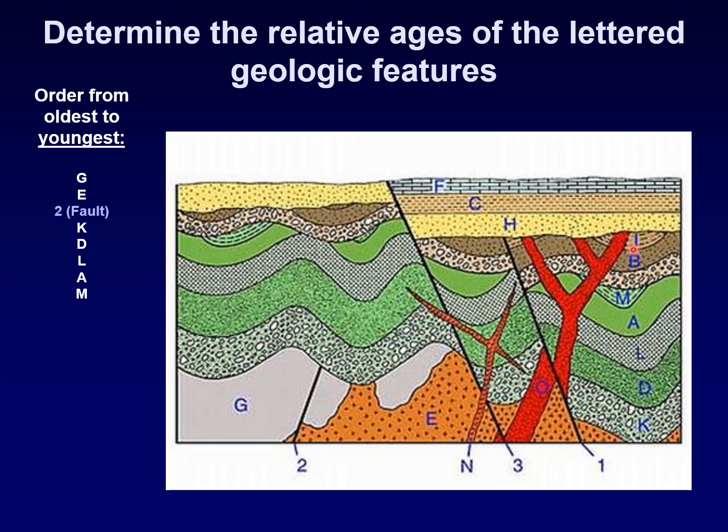But we do see that B and I, to some extent, follow that same fold pattern. So we're going to say that there was uplift and erosion next, between M here and this next layer up. Then that next layer, which doesn't have a letter for whatever reason, I'm just going to call it a conglomerate layer, formed next.